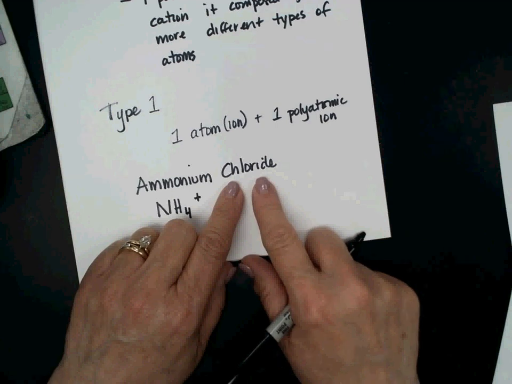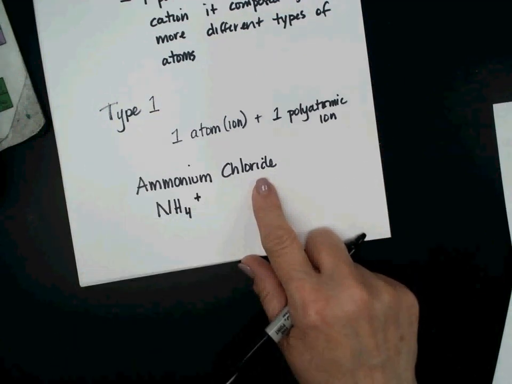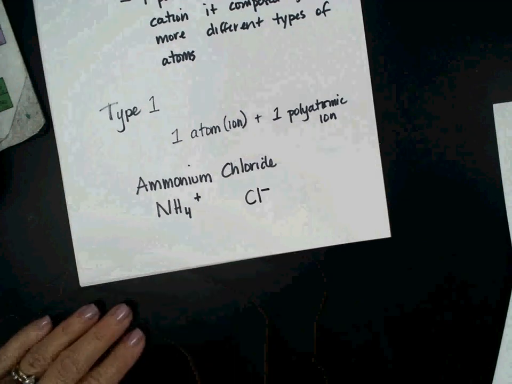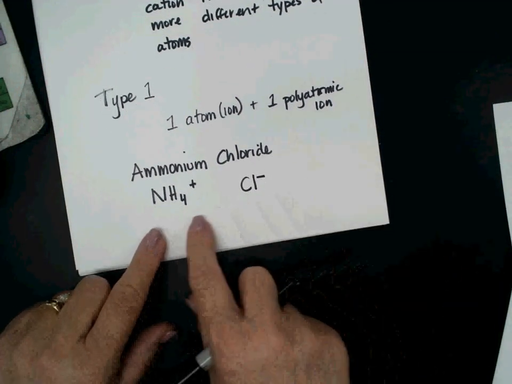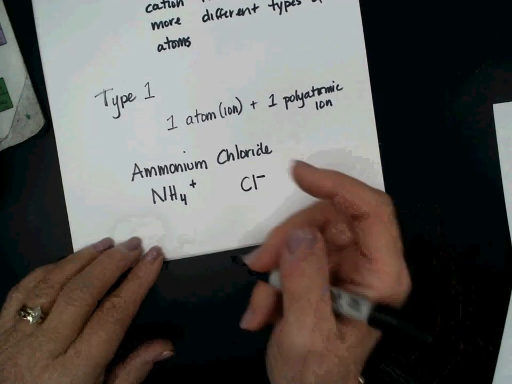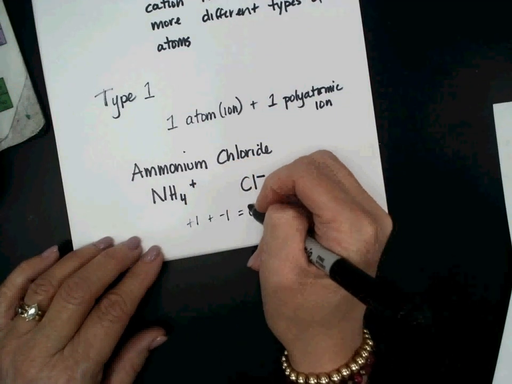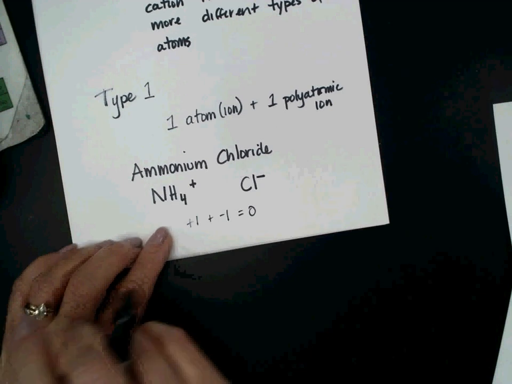Chloride, do you recognize that from the periodic table? Yeah. You should. What group's it in? Group 7A, or 17. What's the charge on chlorine? Yeah, 1 minus. Then once I figured that stuff out, I treat it the same way I did before. It's a +1 plus a -1, which gives me 0, correct?